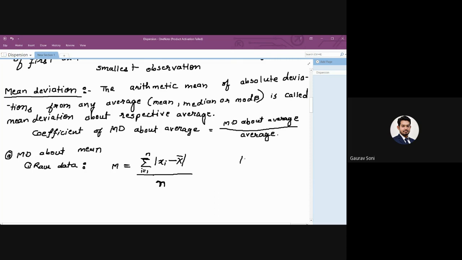So what is xi minus x bar? It is the actual deviation from the mean of a certain observation. So we are taking the mean of the deviations to give us the mean deviation.